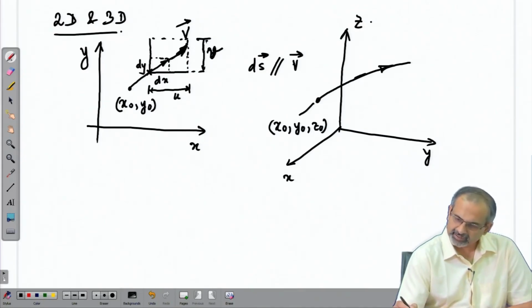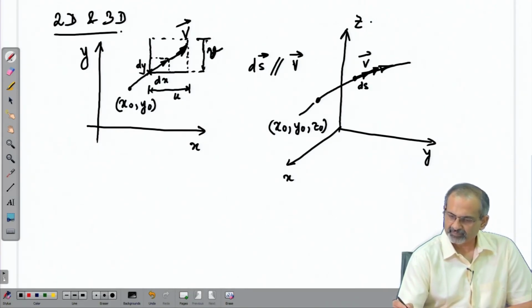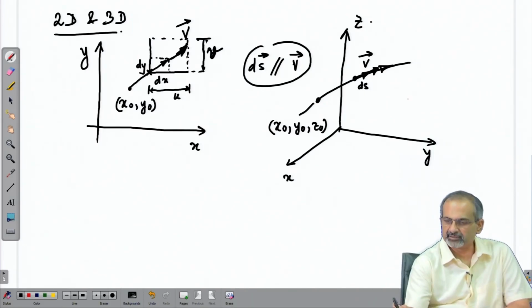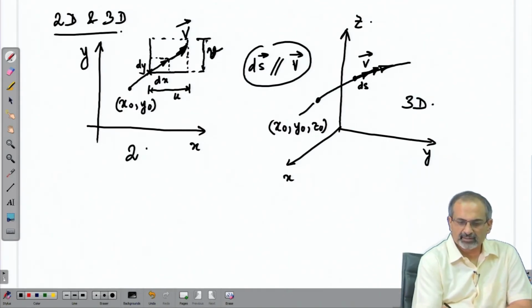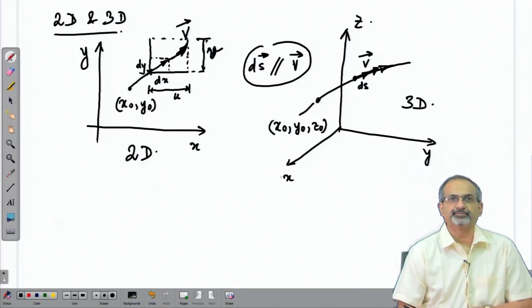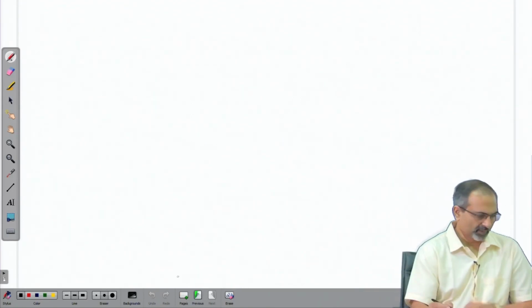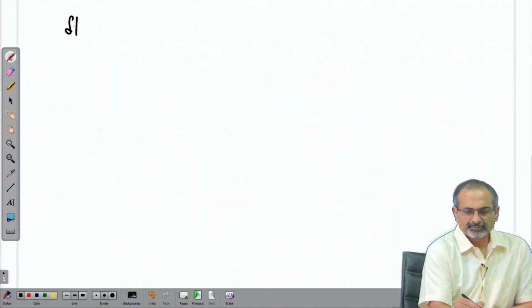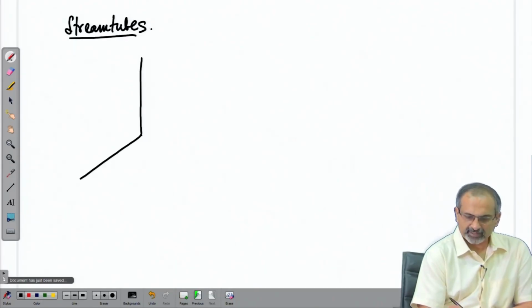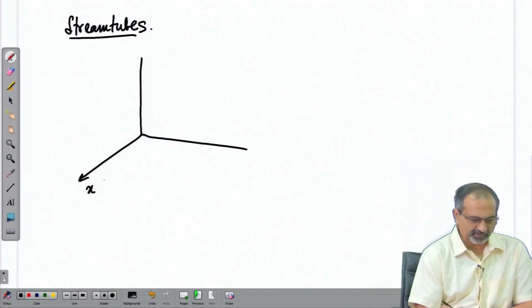Again, along that line, if you take up a certain point, you can define a ds, and you will find that the v vector remains parallel to ds even in a 3-dimensional situation. So, this is how you can look at a streamline in 2D or 3D space. You can also look at a concept of stream tubes, where again let us look at it from a 3-dimensional perspective.